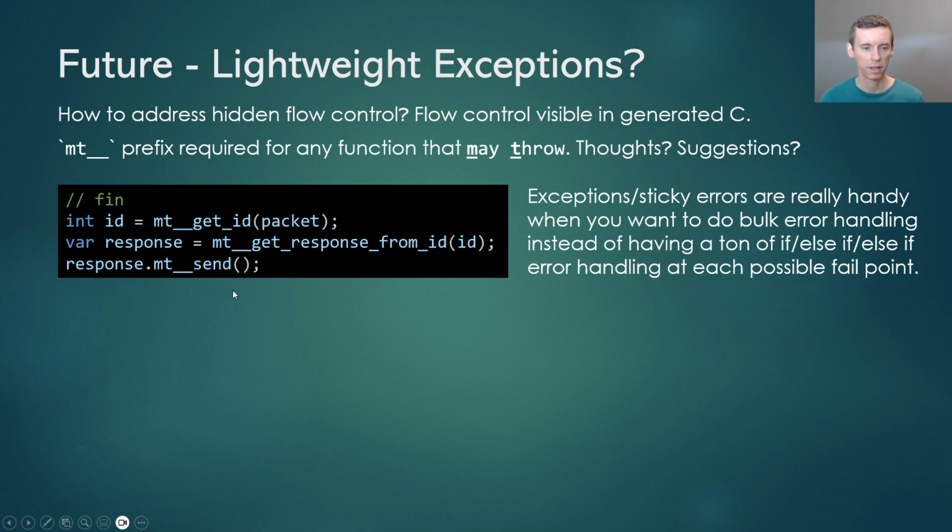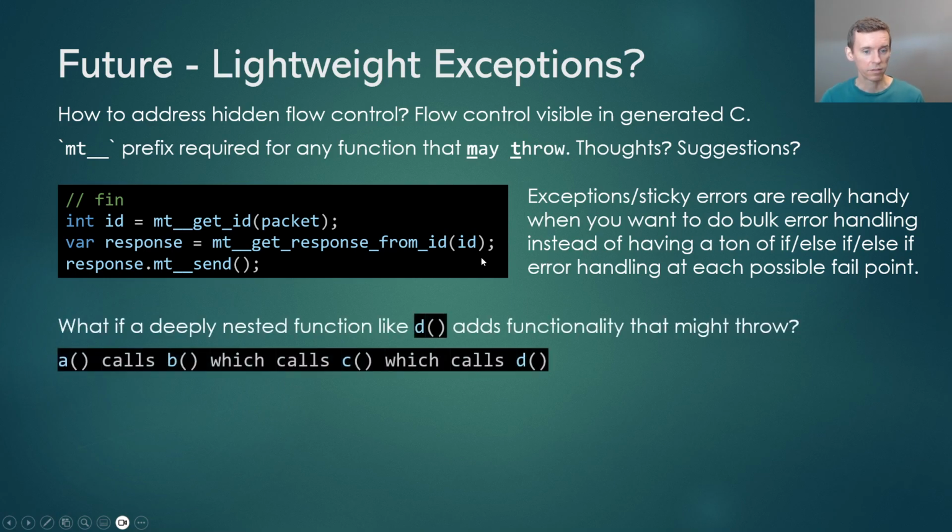Sometimes when I write code, I need to do that because I care about exactly every single error. But in this case, I might not care at all where it fails. I just care that one step in this block of little algorithm failed, and that's good enough for me. So with an exception, that's nice. We can have 10 or 12 or whatever different statements, and we can bundle that all into one error handler.